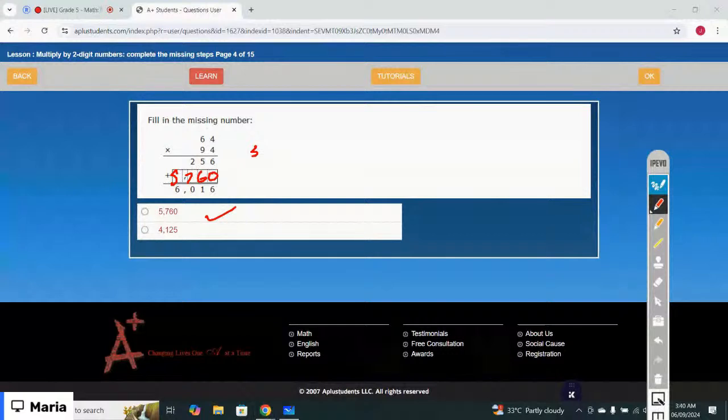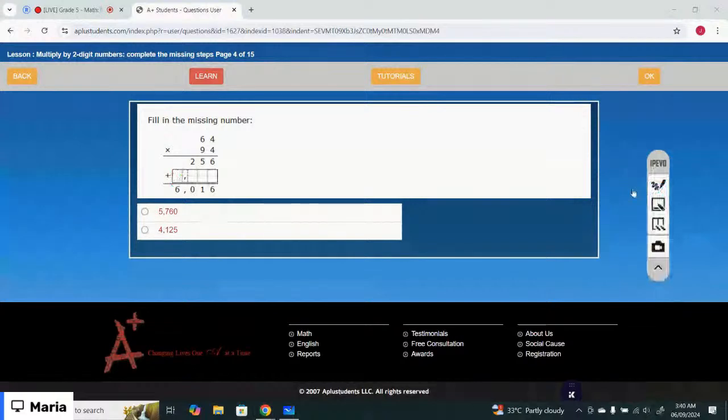So the missing number is 5760. Option number 1 is the correct option.